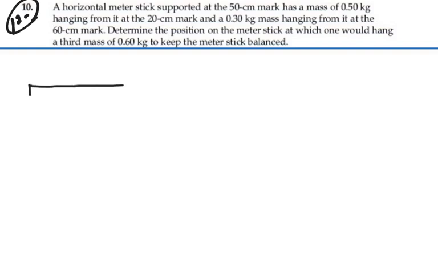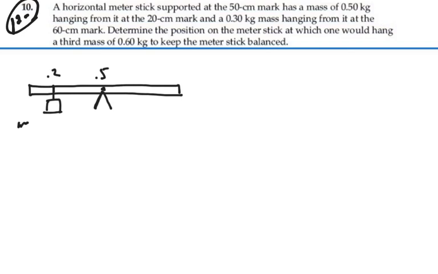We have ourselves a meter stick, and it's already positioned on a fulcrum at its center. So at 0.5 meters we have a fulcrum, and we have a 0.5 kilogram mass at the 0.2 meter position.